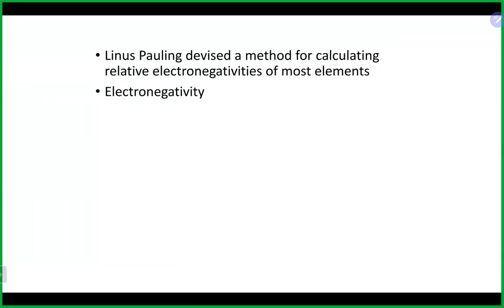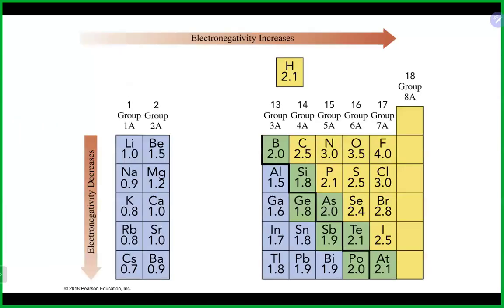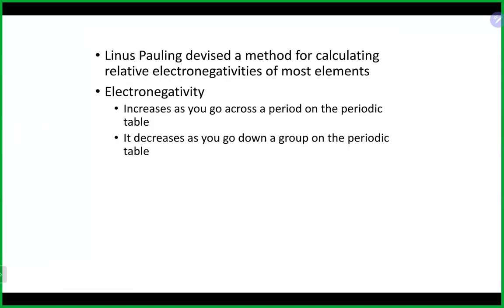Now, how do we know if a bond's going to be polar or non-polar or even ionic? We could use the trend in electronegativity, which again increases as you go up to the right on the periodic table and decreases as you go down. A guy by the name of Pauling actually came up with values for electronegativity, and these values run from 0 to 4. 4 is the most electronegative element, 0 not so much, right?